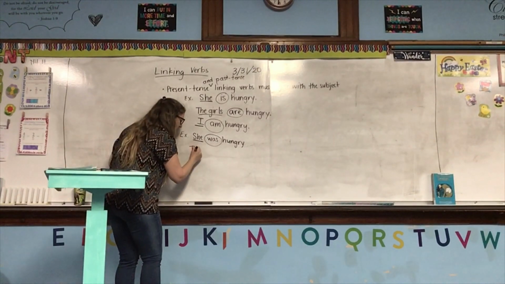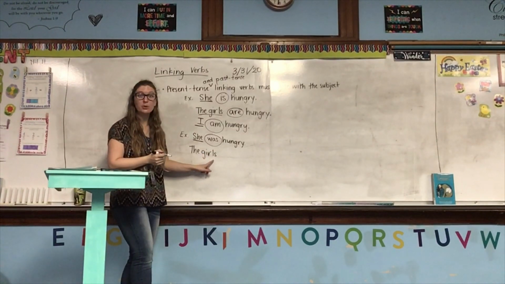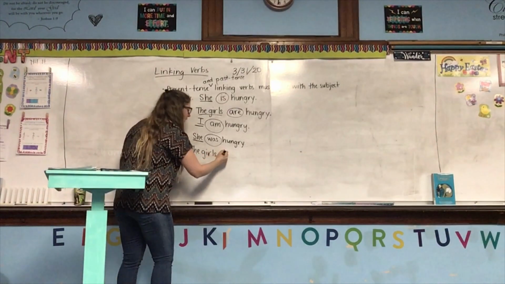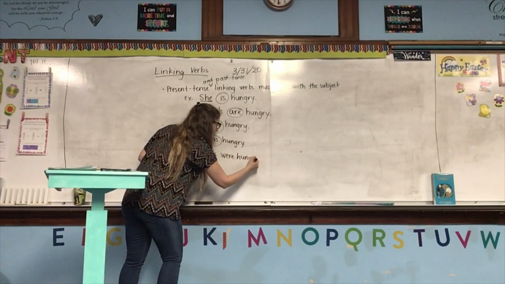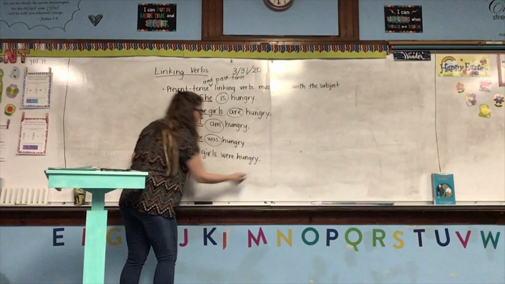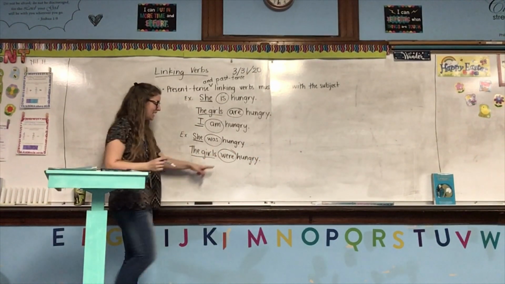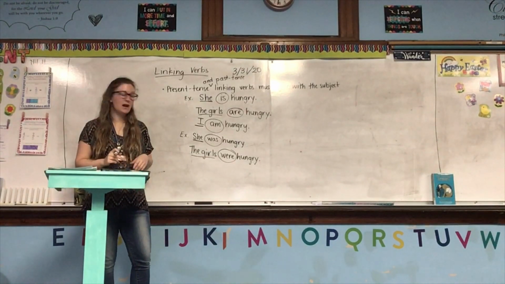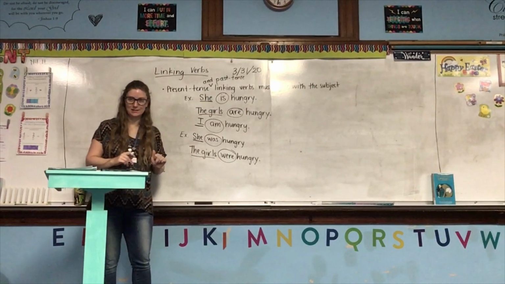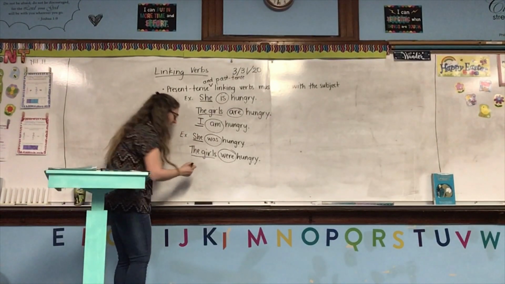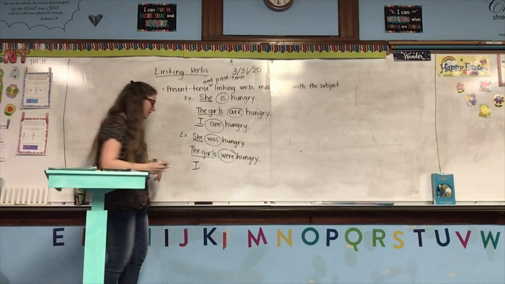Now, if I wanted to say the girls, so that's a plural subject, I would say the girls were hungry. I have a plural subject, and I have the past tense linking verb for a plural subject. The girls were hungry. I couldn't say the girls was hungry. Now if I wanted to say I, well, I does the same thing as a singular subject.